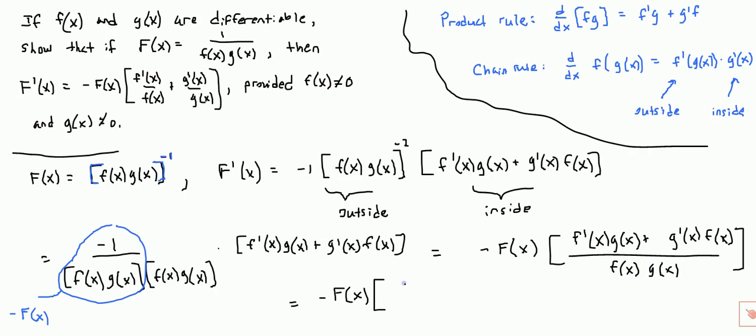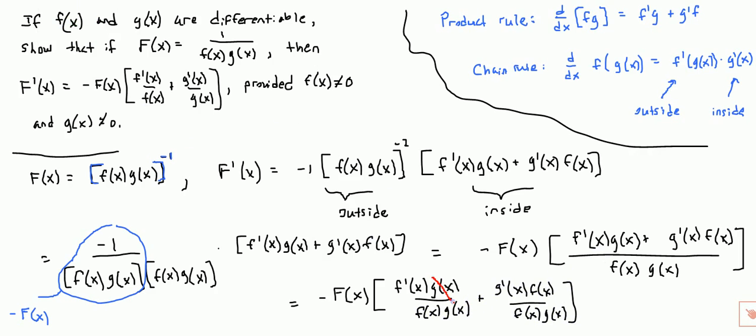So now I'm going to carry out this division. Right, so that's the term on the left. Then I have plus g prime of x times f of x over f of x g of x. And now we get some nice cancellations.